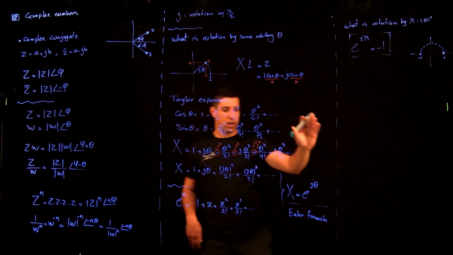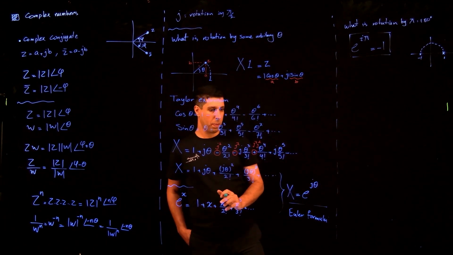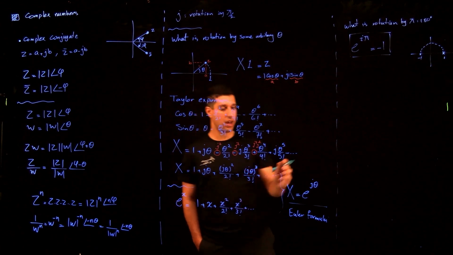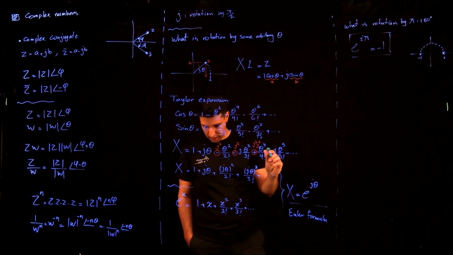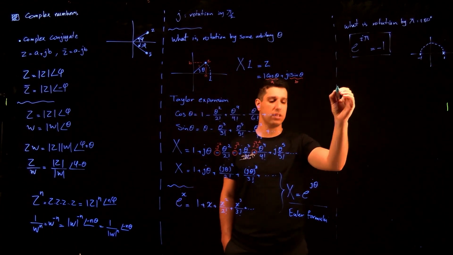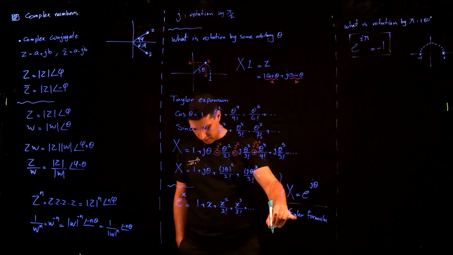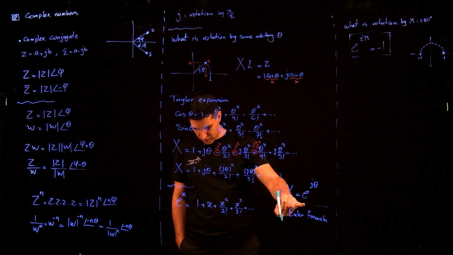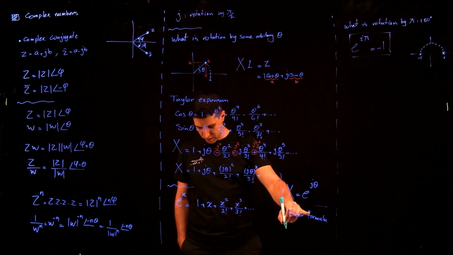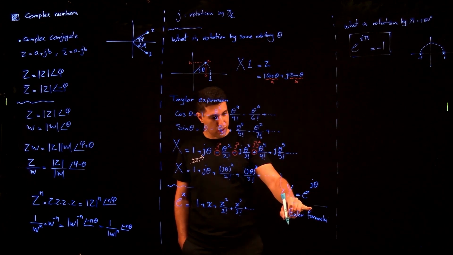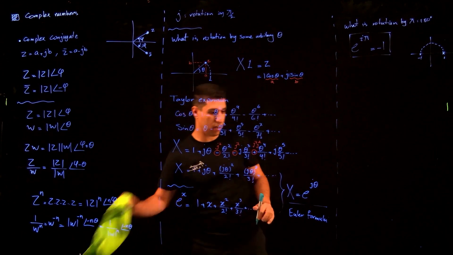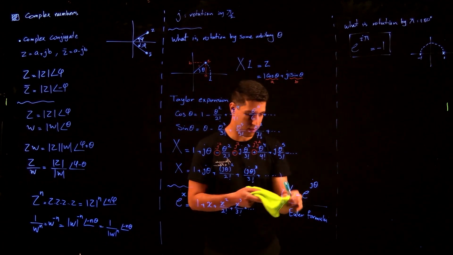So now we have this Euler formula that essentially, well, actually no, that's not Euler's formula. What is Euler's formula? Euler's formula is this part of it.